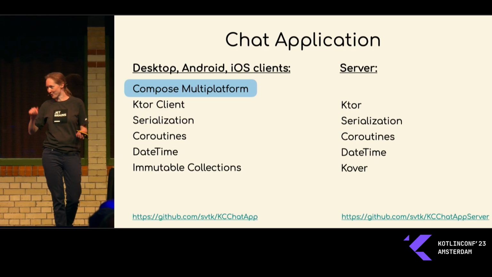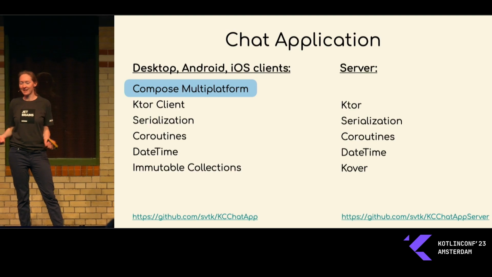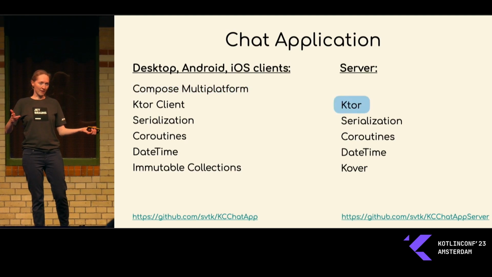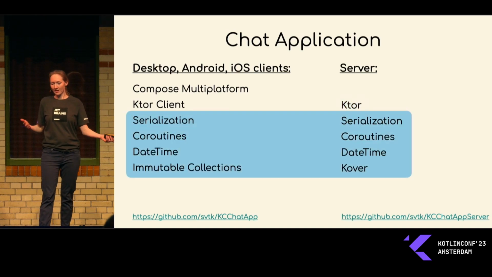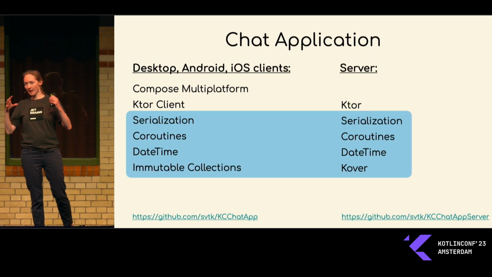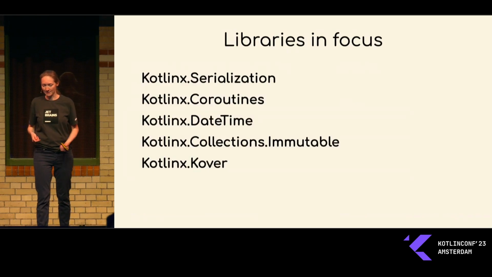It's not the focus of our talk today. We just use this because it's great, it works, but we are going to focus on the libraries. Again, with Ktor, we're using Ktor server, but today our main focus is the KotlinX libraries, and we'll see the use cases that we see for them in this implementation.